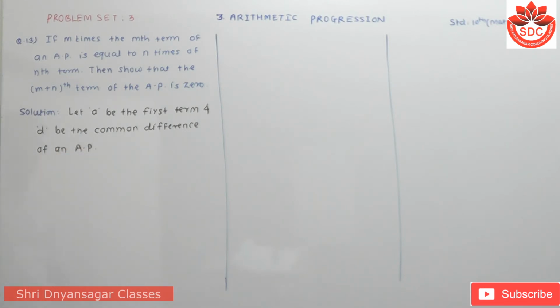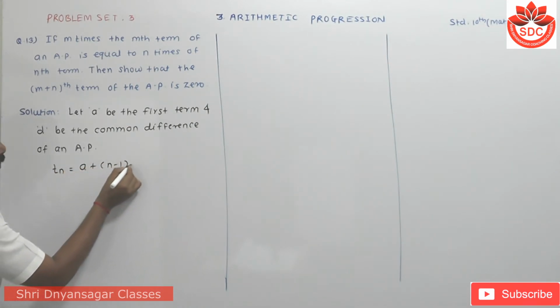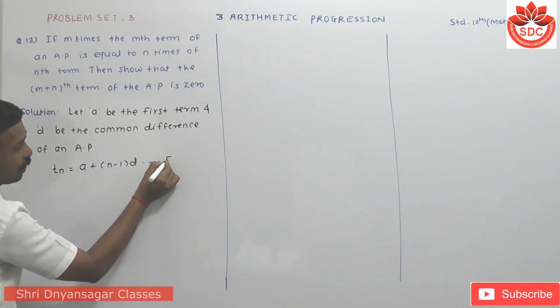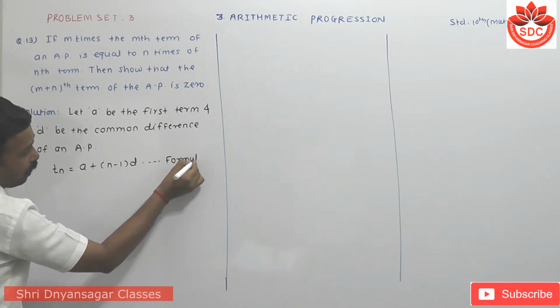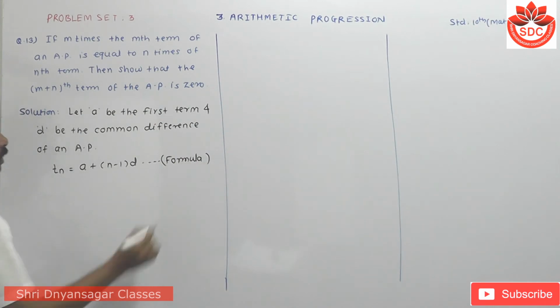Now student, we know that the formula for the nth term is equal to a plus n minus 1 into d. This is the formula. We have to use this formula.